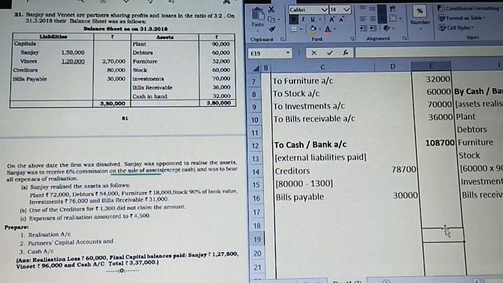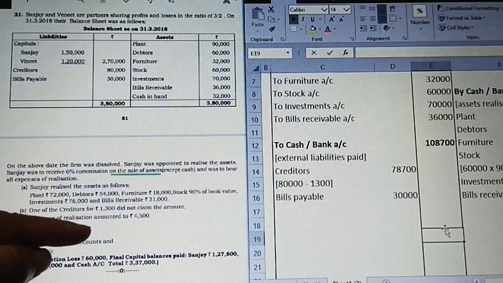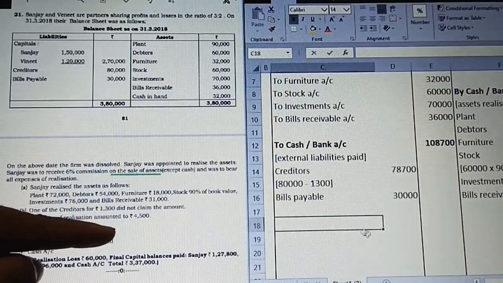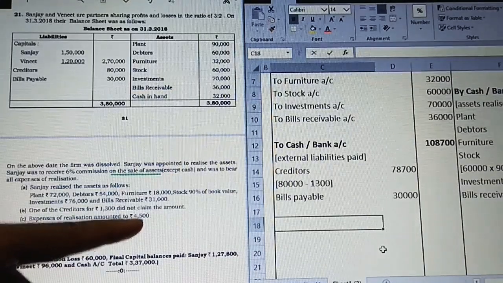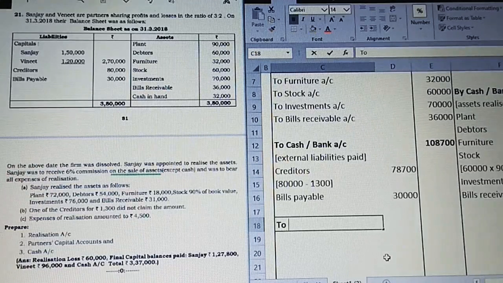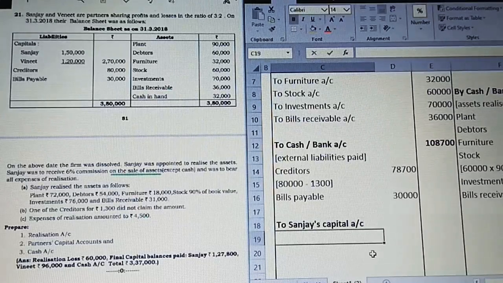Going for the third adjustment, the last adjustment, expenses of realization amounted to 4,500. This is not going to be considered because this is being included in the commission paid to Sanjay. So we are going to pay commission to Sanjay now, to Sanjay's capital account.